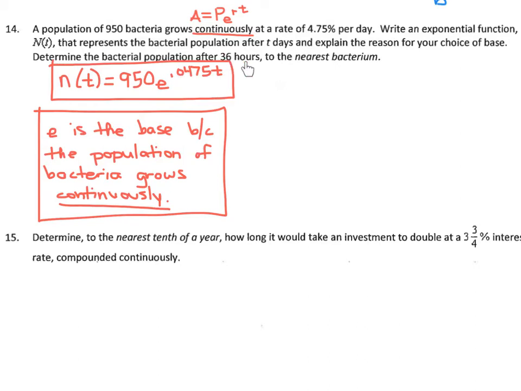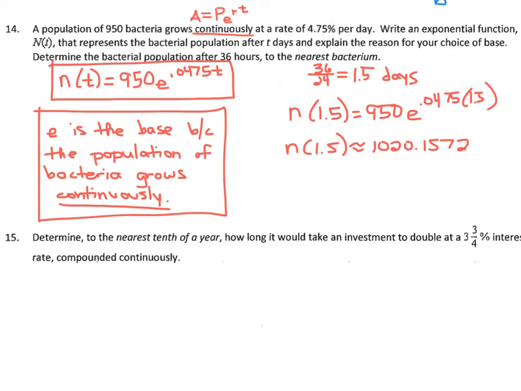So since this is in terms of hours, we're going to have to figure out how many days have passed in 36 hours. So I took the 36 hours that passed and divided it by 24 hours in a day, and that means 1.5 days have passed. So 1.5 is what we're going to plug in for t, for the time.